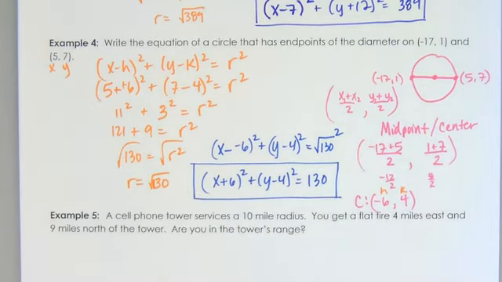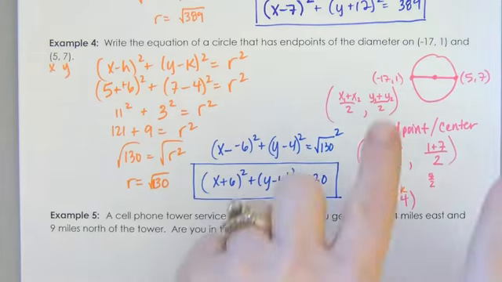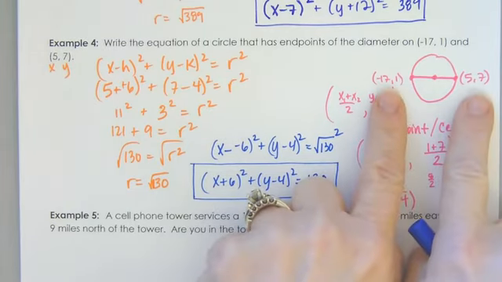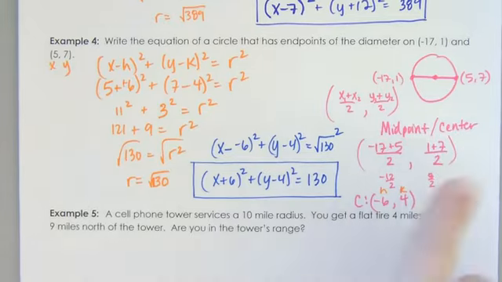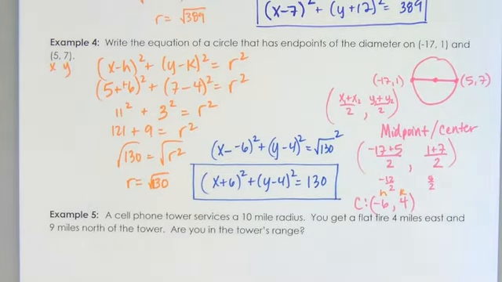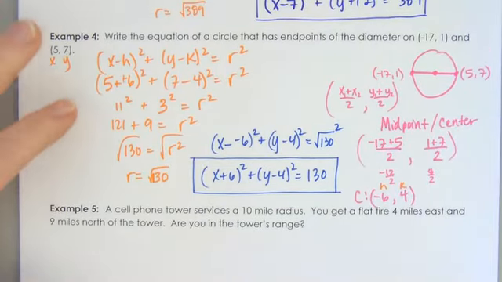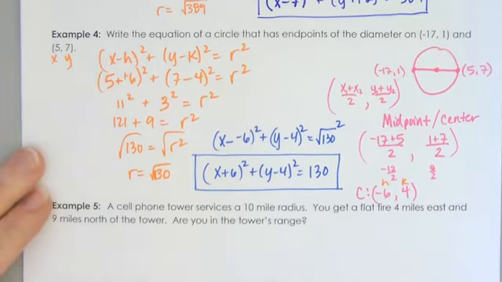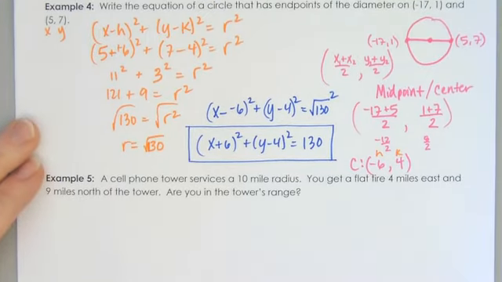Again, there's a lot more you can do. If you wanted to find the distance of the whole diameter and you want the radius, you would just have to divide that in half. So lots of different things you could do to make this work, but I like to revert back to that formula. All right, let's try one more.